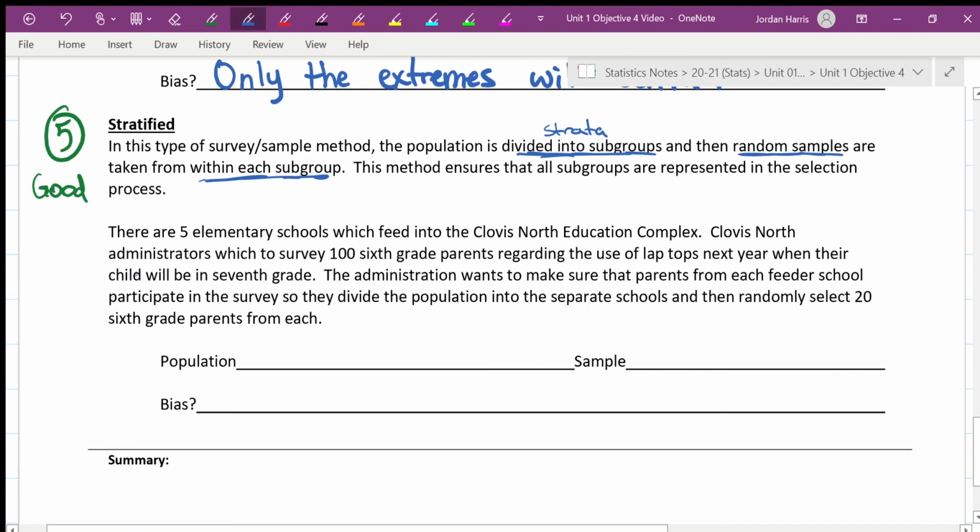Okay, so Clovis North administrators wish to survey 100 6th grade parents regarding the use of laptops next year when their child will be in 7th grade. The administration wants to make sure that parents from each feeder school participate. So they divide the population into the separate schools, then randomly select 20 parents from each. So the population is all, I guess, Clovis North 6th grade parents.